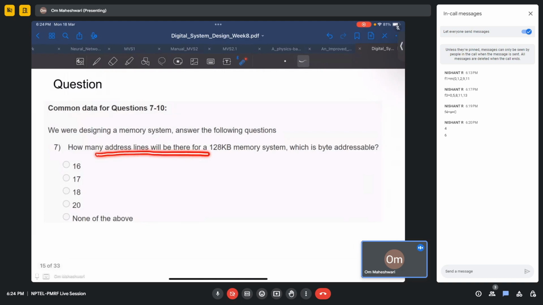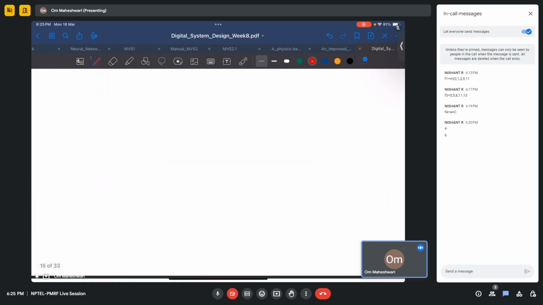How many address lines will be there for a 128 KB memory, which is byte addressable? First we should know what is byte addressable.